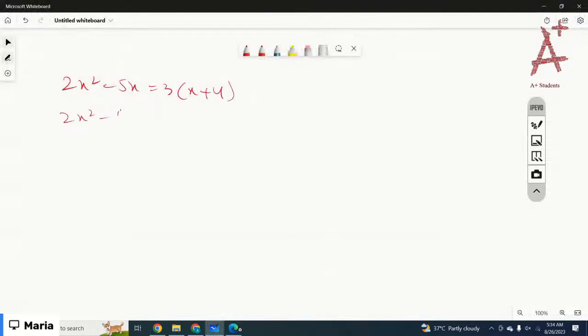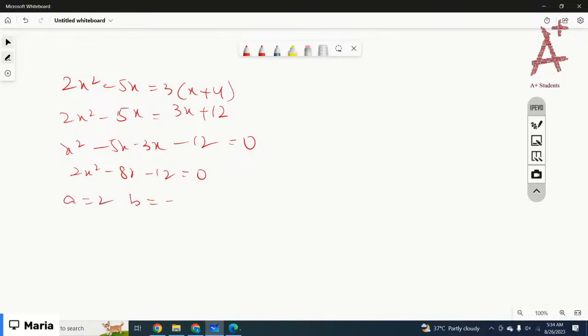Okay, so here you have 2x square minus 5x equals 3x plus 3 times 4 is 12. 2x square minus 5x minus 3x minus 12 equals 0. 2x square minus 8x minus 12 equals 0.